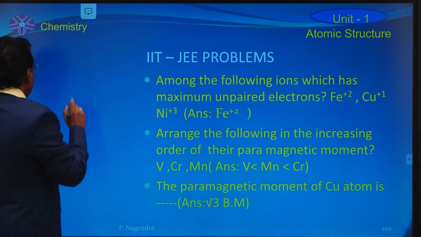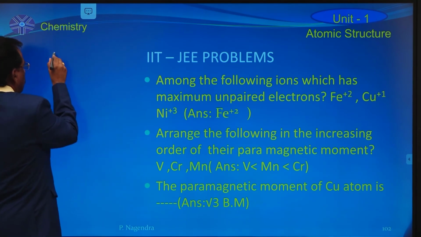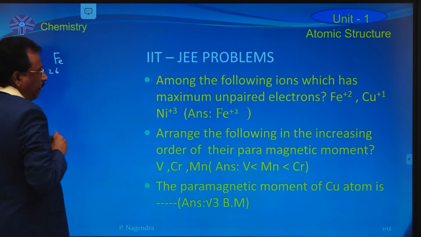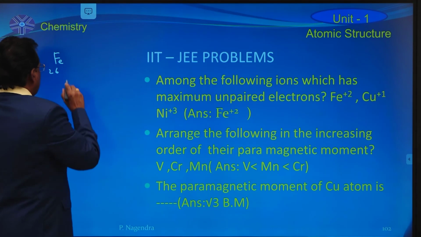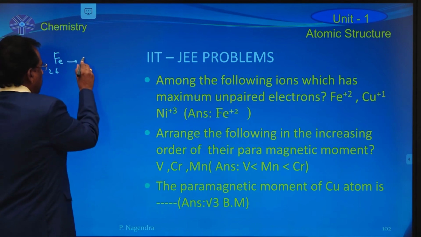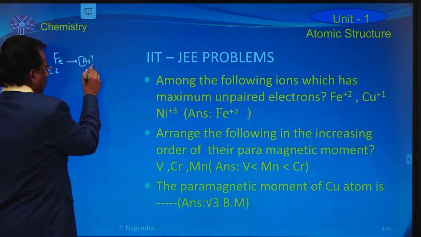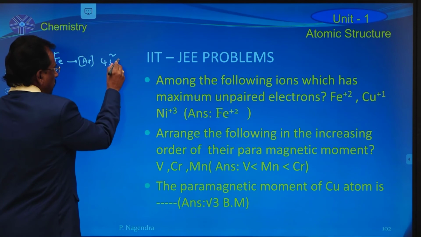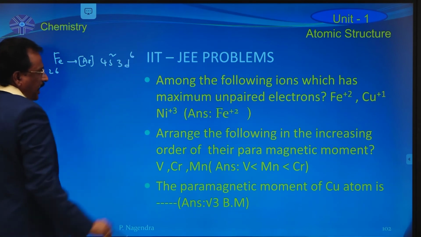Now first write the neutral atom electronic configuration. Iron's atomic number is 26, and its outer electronic configuration is 4s2 3d6.